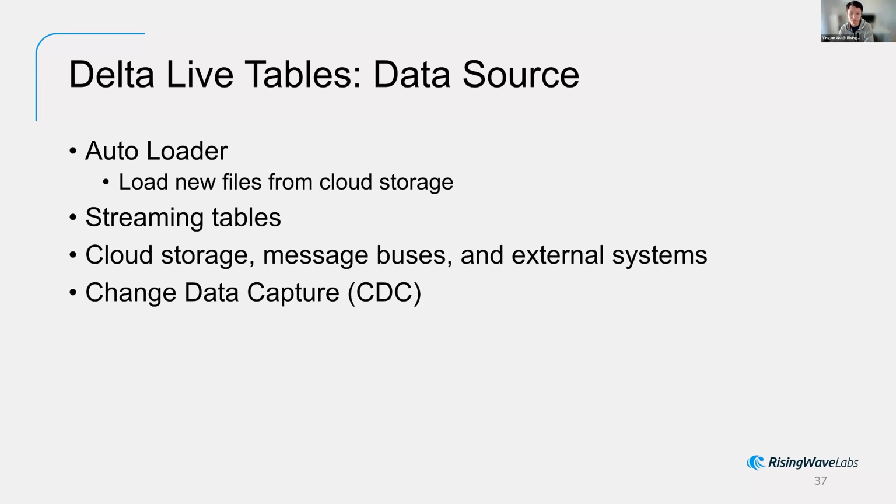The second thing is streaming tables. I will probably not spend too much time on this topic because streaming table is a Databricks concept. The third thing is cloud storage, messaging processes, and external systems. It allows you to ingest data from, let's say, Kafka, Pulsar, or other messaging queues, and you can also store your data in, as mentioned, S3 and some other batch-based systems.